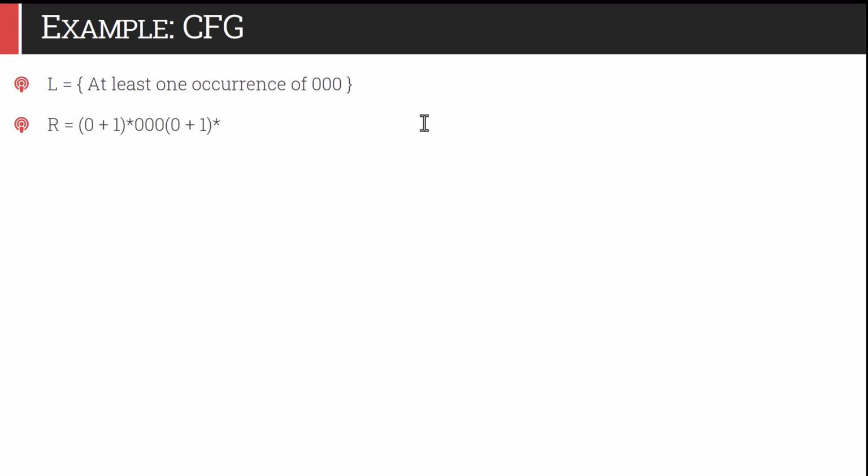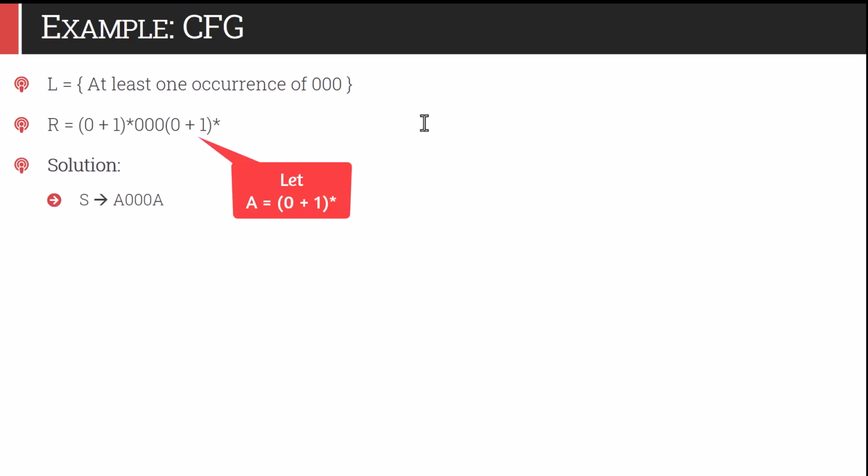Language contains all the strings in which there is at least one occurrence of 000. So one occurrence is compulsory. Before that we can read anything, after that we can read anything. So the regular expression for that would be R is equal to (0+1)* 000 (0+1)*. And the grammar for that we can write down in this way. S implies A 000 A. 000 is a terminal.